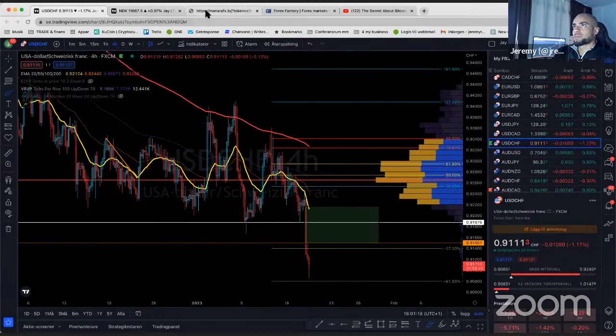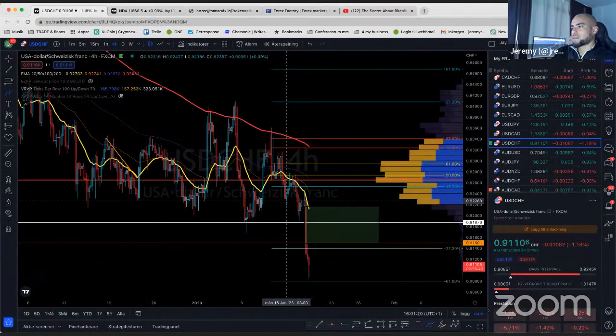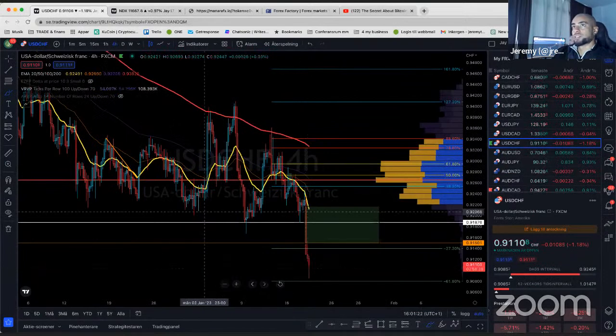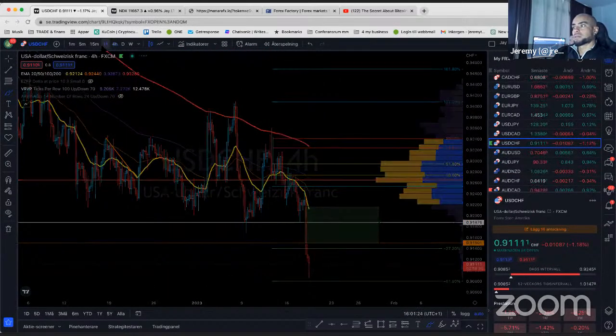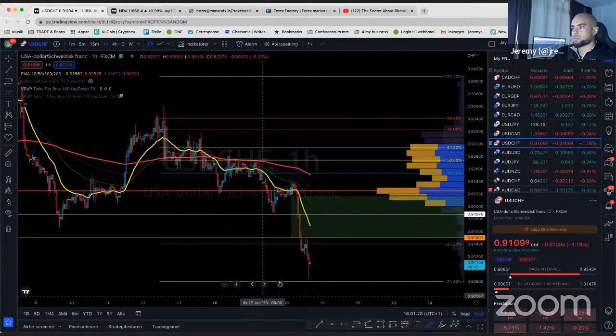And I don't know if I'm telling you the same thing. It looks like the market wants to reverse. Looking at the meltdown, it should actually go back and take some liquidity, but we never know. We just never know.